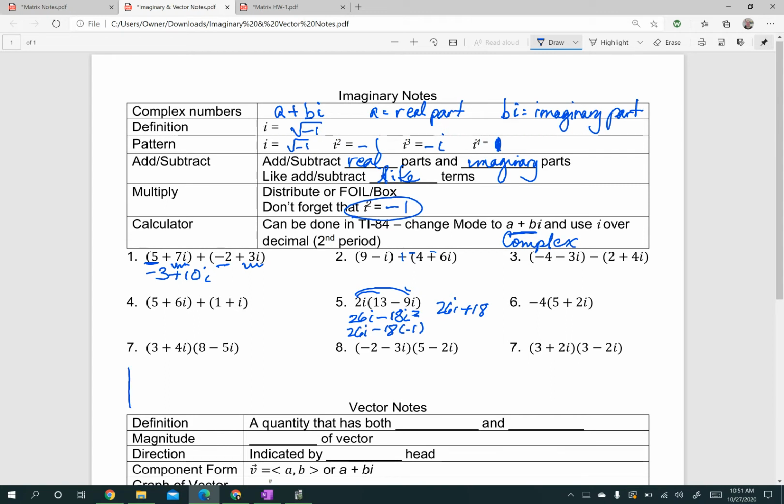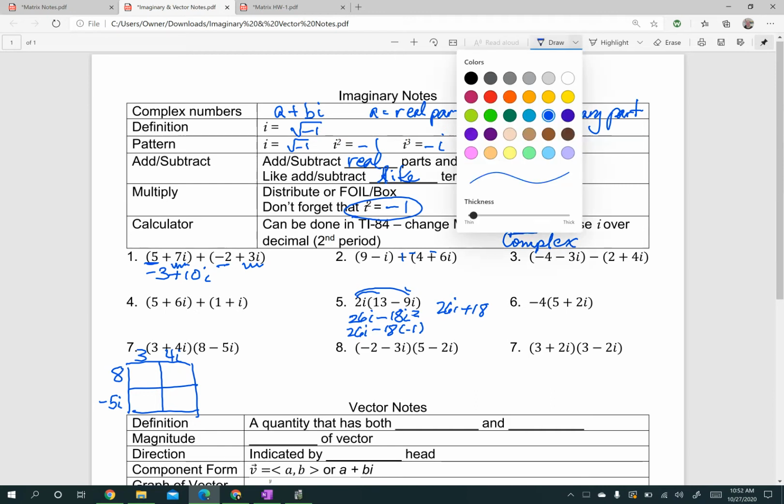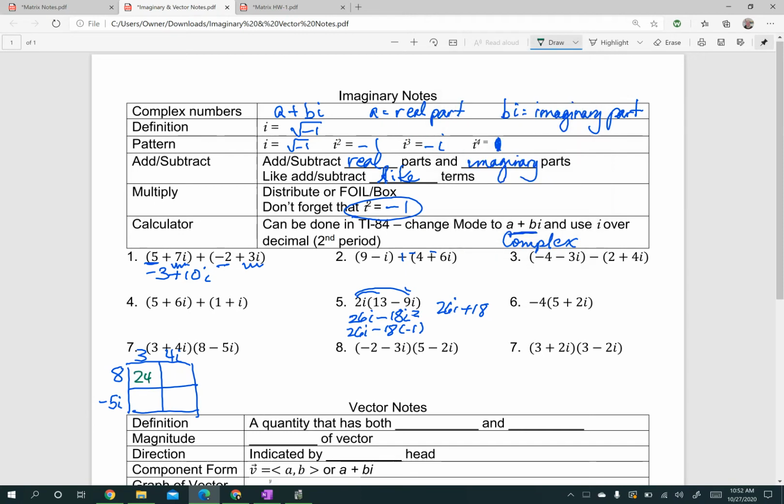If you did this one by hand, you would use a box. So you do 3 plus 4i, 8, and -5i. So 3 times 8 is 24. 4i times 8 is 32i. 3 times -5i is -15i.